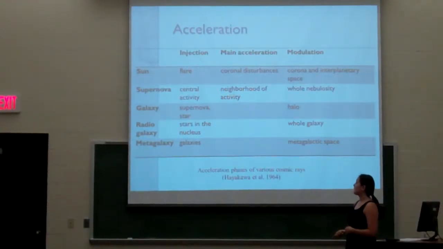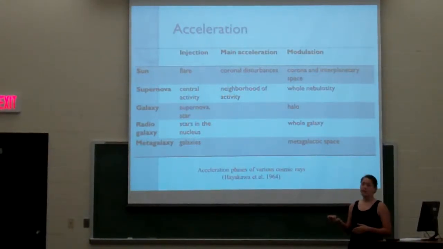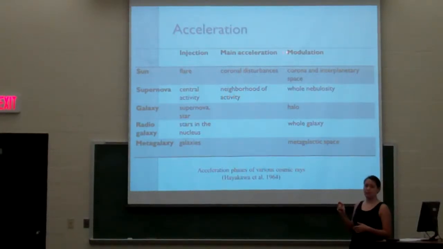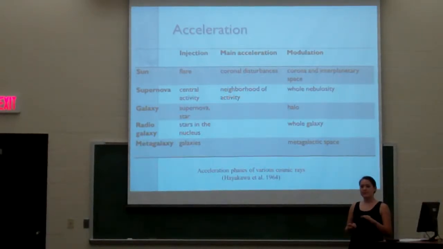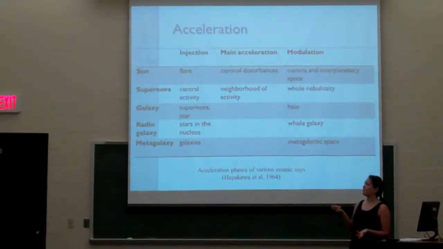So here I have a table of the three main stages of acceleration. There is the injection phase, the main acceleration phase, and the modulation phase. The injection phase is the starting accelerator of the GCR, and it varies depending on the source, as you can see here. So for a GCR that was accelerated by the sun, the starting force behind the acceleration would be a solar flare.